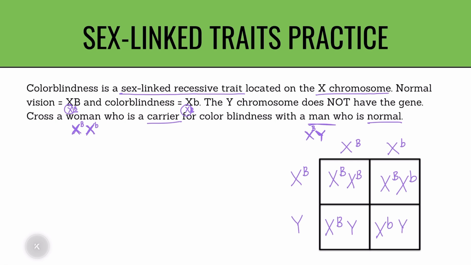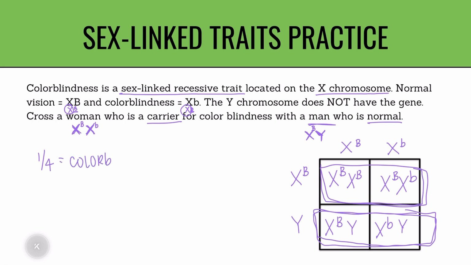So whenever I look at this, these two boxes are showing their daughters. These two boxes are showing their sons. So as far as their children goes, only 1 out of 4 children would be colorblind. And that's this one. Okay?